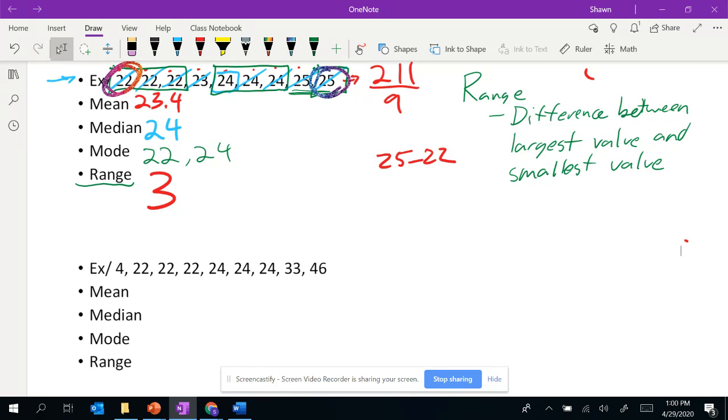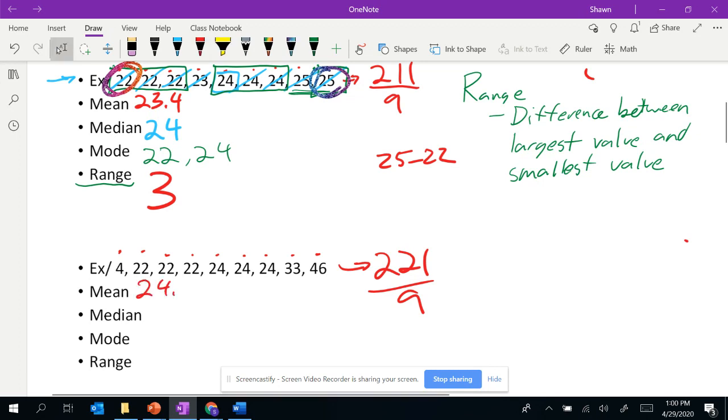I'm going to add up all these numbers: 4 plus 22 plus 22 plus 22 plus 24 plus 33 plus 46. When I add these all up, I get 221. I also have 1, 2, 3, 4, 5, 6, 7, 8, 9 numbers.